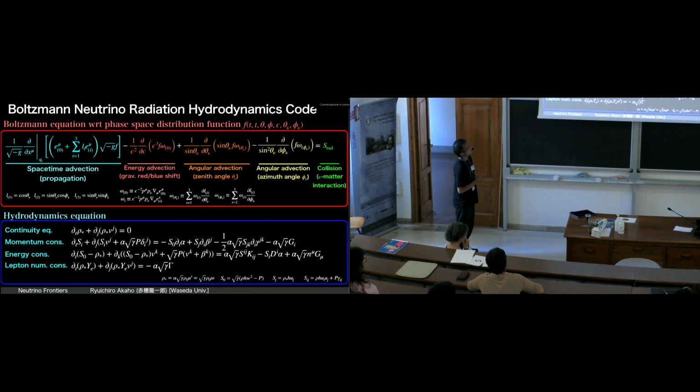The first term denotes the space-time advection, which describes the neutrino propagation in space-time. The second term denotes the energy advection due to the gravitational redshift or blueshift. The orange and yellow terms are the neutrino angular advection terms, which exist if, for example, we write this equation in general relativity.